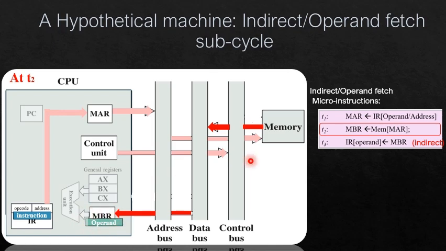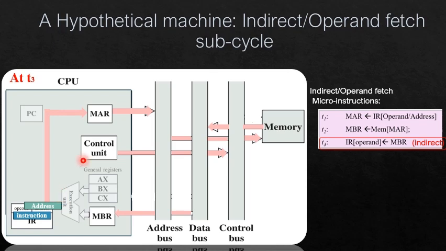And the operand is now ready to be used for the execute subcycle. But as mentioned just now, in case it is indirect addressing, what reaches here is not the operand yet, it is the effective address to get the operand, and this effective address needs to go through the instruction register so that the CPU can decode again where the final destination in memory is.